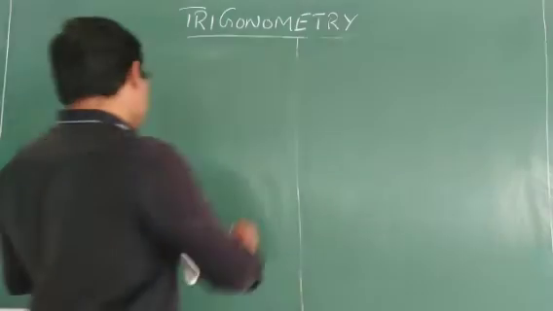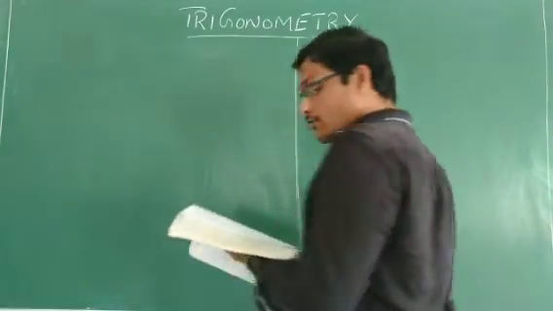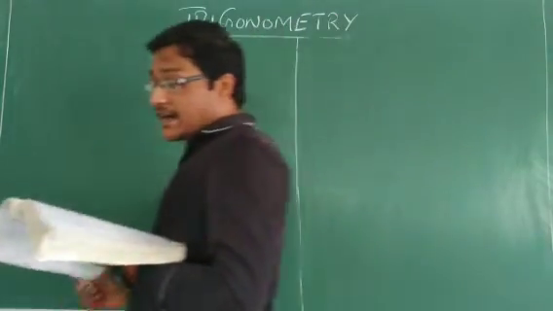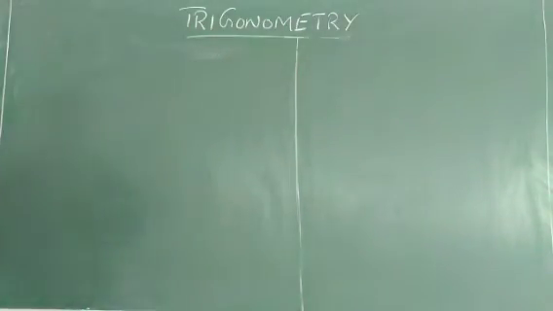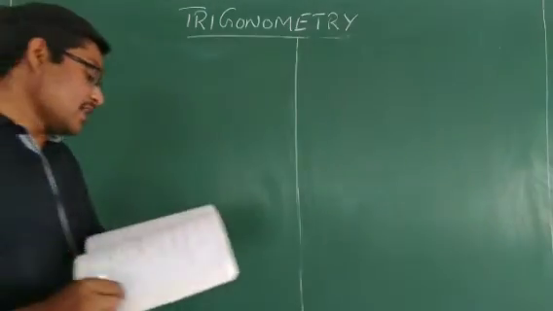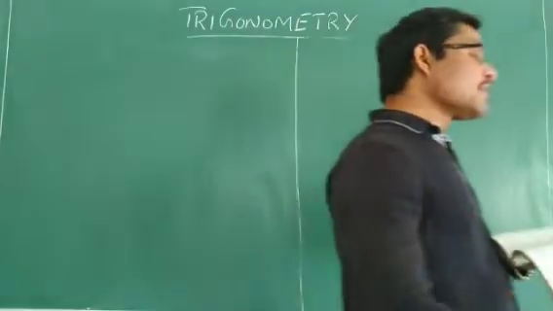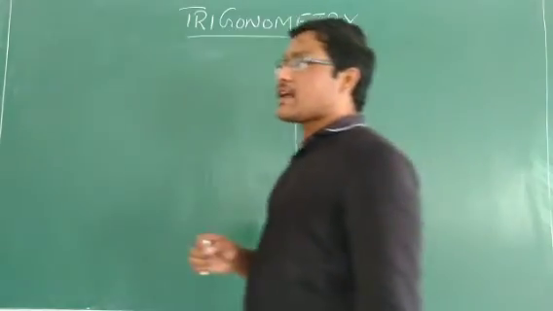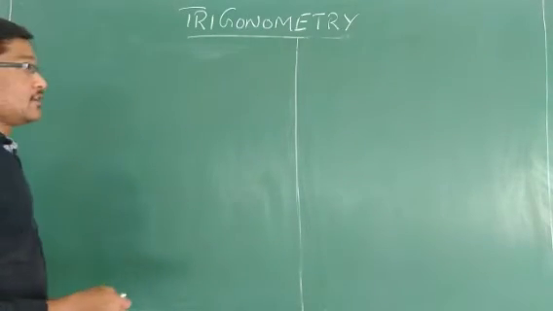Let's take another example. Fourth example: the angles of a triangle are in AP and the greatest is double the least. Express the angles in degrees and radians. So here the angles of a triangle are in arithmetic progression.